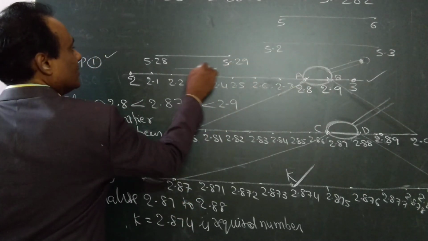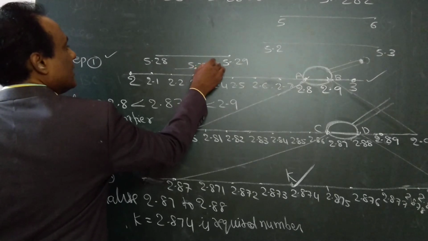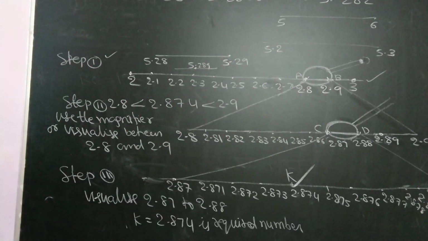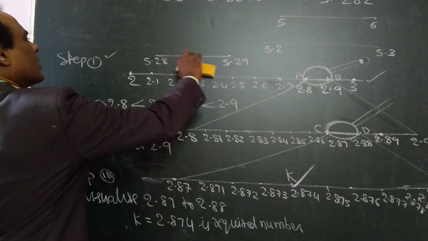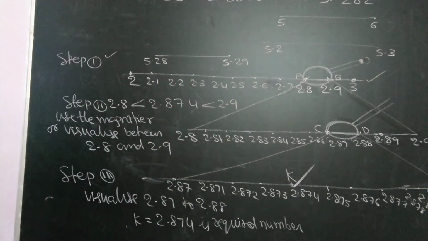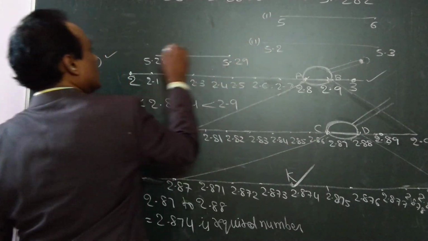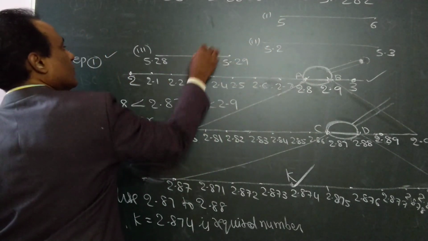Next we will get 5.289. Like this you try, in the same order. First, second, third. Only on the third will you get that. First you try this, second you draw this, third you draw this and get the answer.